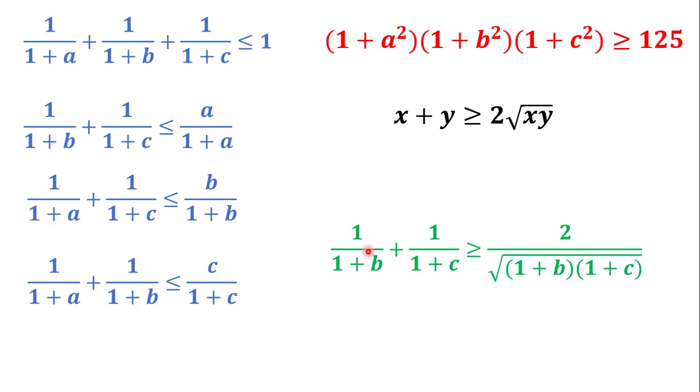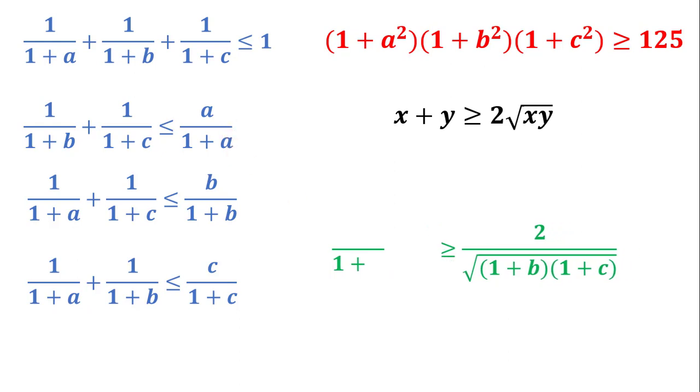We know 1 over 1 plus b plus 1 over 1 plus c is less than or equal to a over 1 plus a. So 2 over the square root of 1 plus b times 1 plus c is less than or equal to a over 1 plus a.